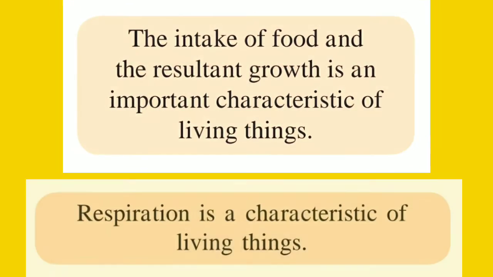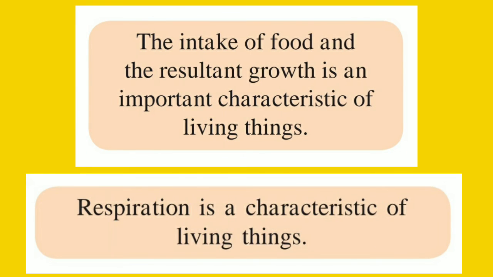So we have learned various characteristics of living things. The first one is growth. The intake of food and resultant growth is an important characteristic of living things. Second, respiration. Respiration is a characteristic of living things.